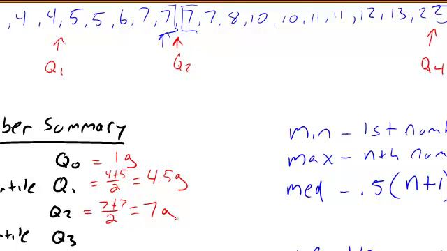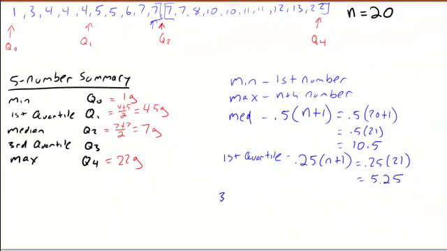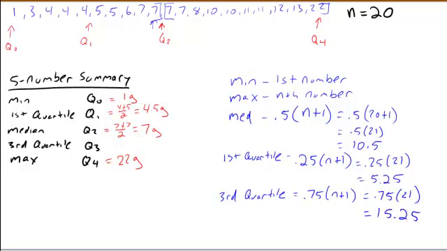So Q1 is 4.5 grams of sugar. Lastly, my third quartile is equal to 3/4, which is 75%. So 0.75 times n plus 1, which equals 0.75 of 21. This equals 15.25.